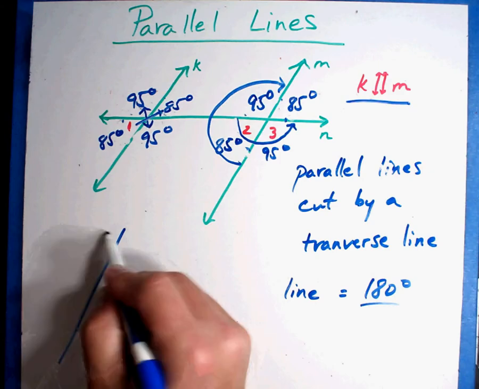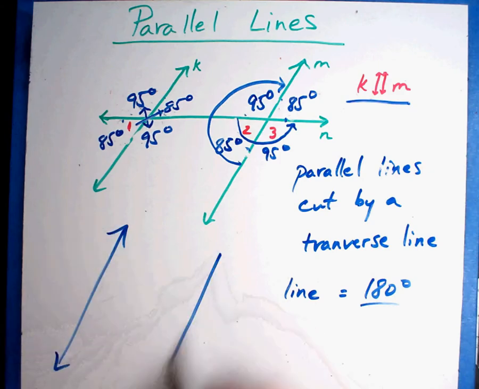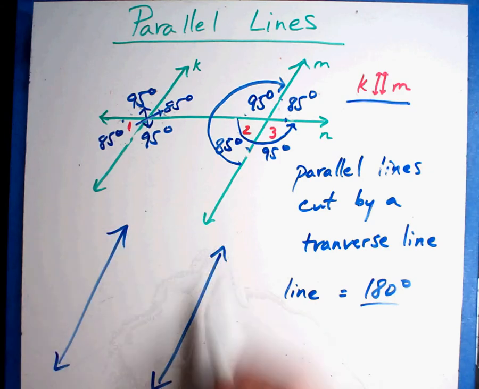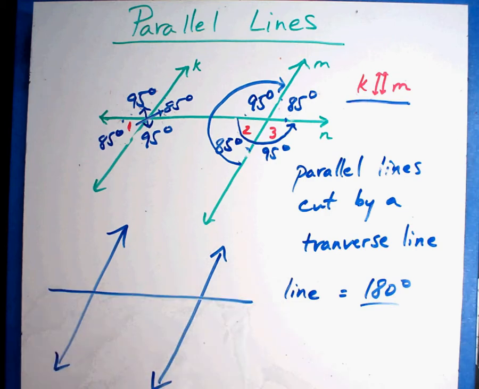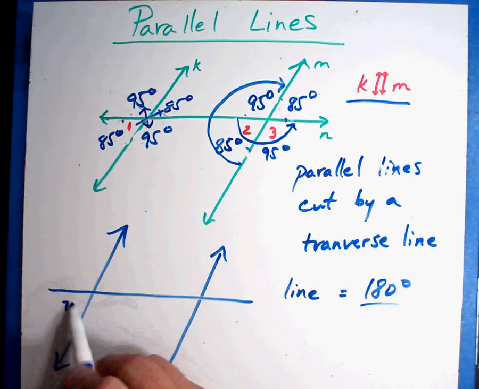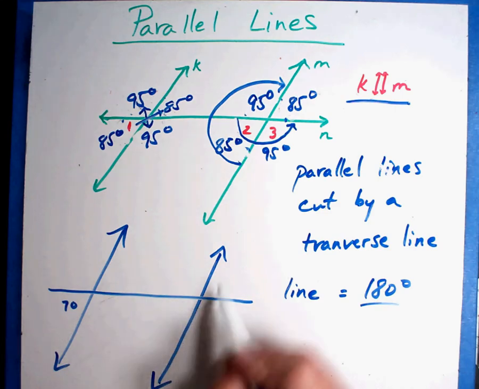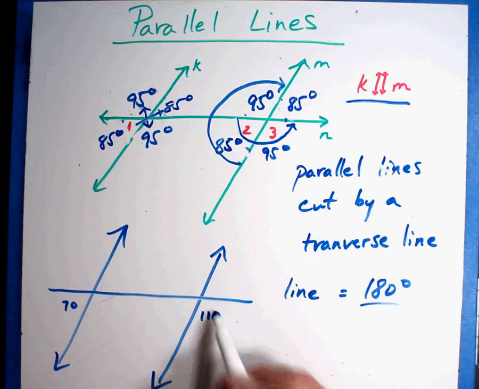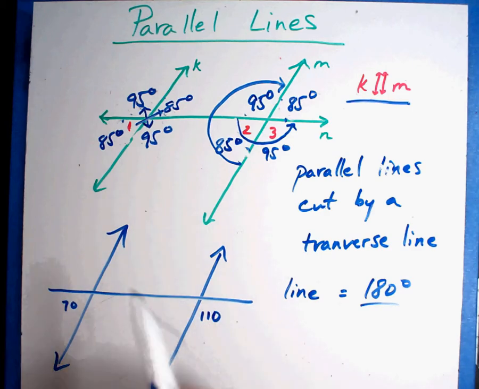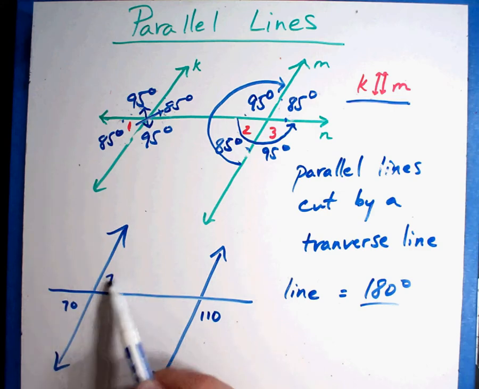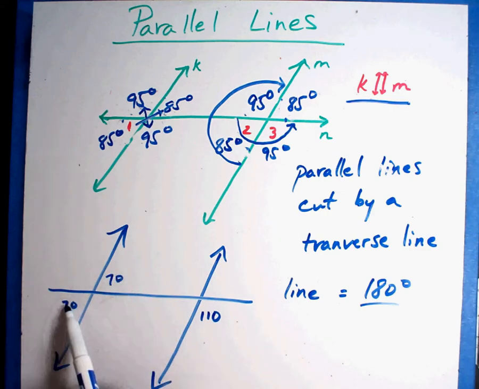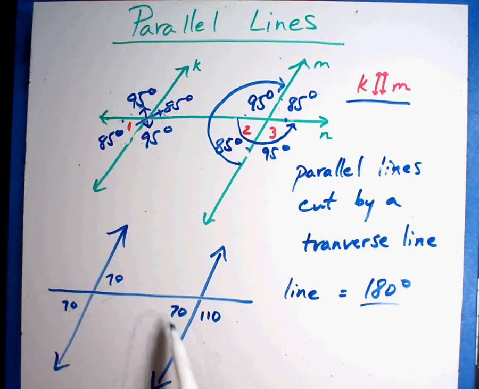So let's say that we had another one real quick. Let's say we have these two parallel lines, and I have another transversal, and let's say that this is 70, and then this is 110. Can I figure out all the others? I think I can. If I'm correct, opposite is automatically 70. So these two are equal from what we just learned. We also learned that this and this are also equal. Check my work.